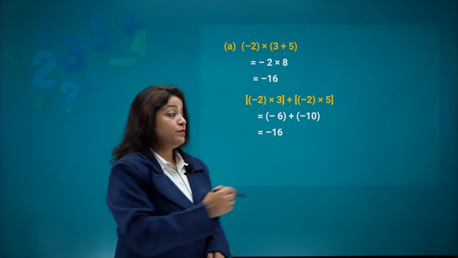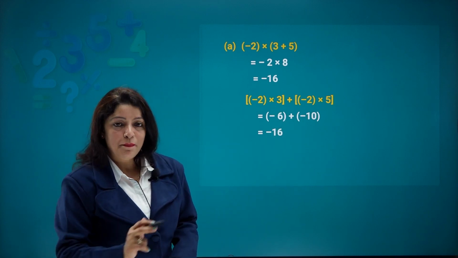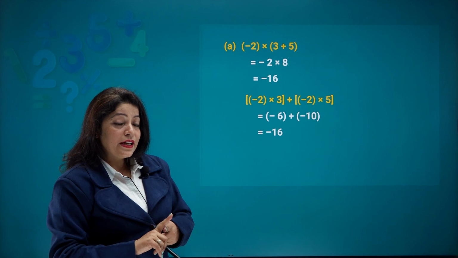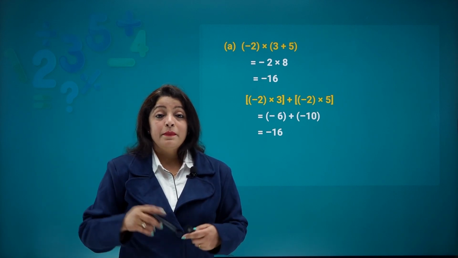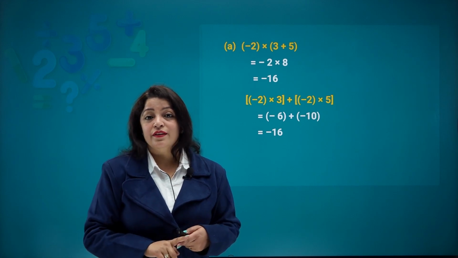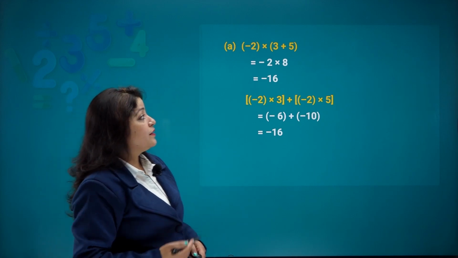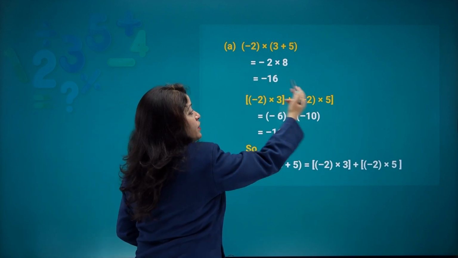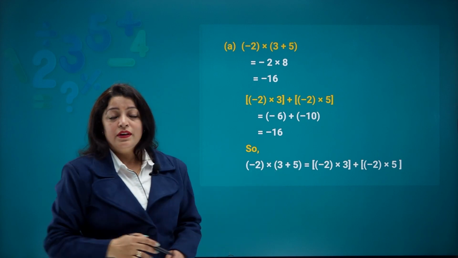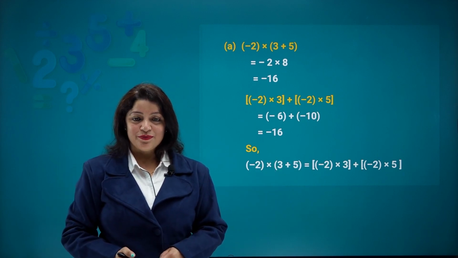Remember, if they get multiplied, then the final sign will be positive, because same signs when multiplied give you a positive result, but same signs when added, you will get the same sign always. Similarly, this part is equal to this, because both the results are the same. That means the distributive property is applicable here also.